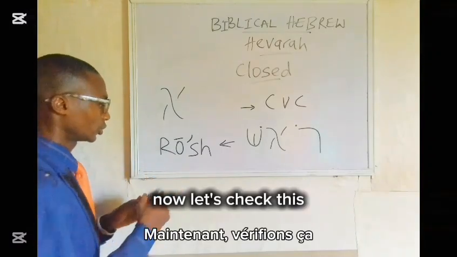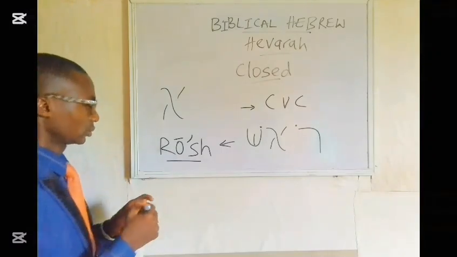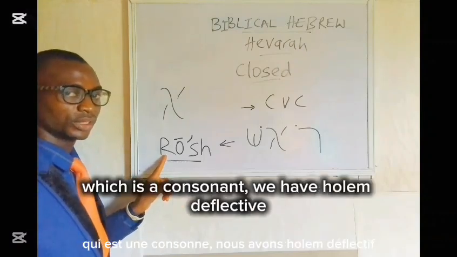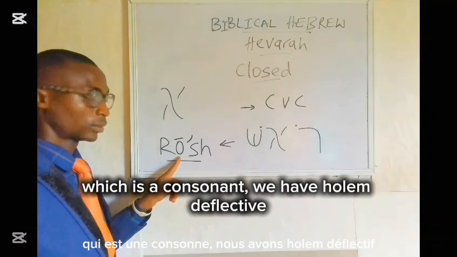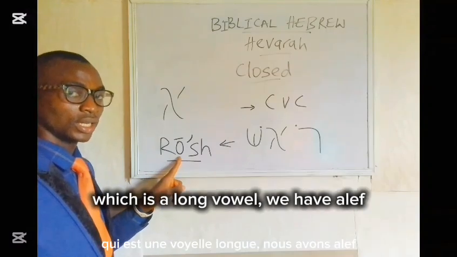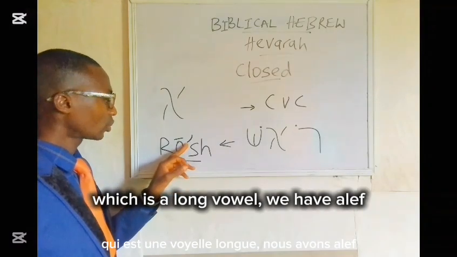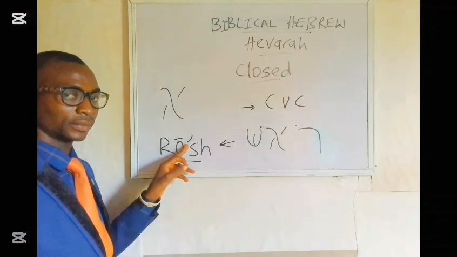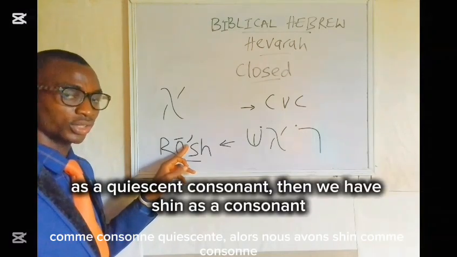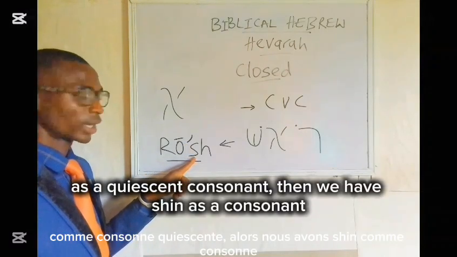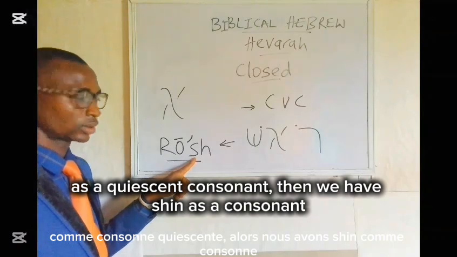When you check this, we have resh as a consonant, we have olem, which is a long vowel, we have aleph as a quiescent consonant, then we have shin as a consonant.